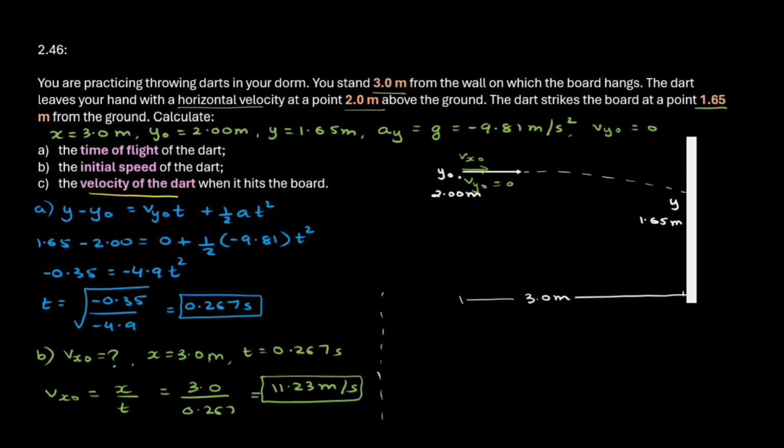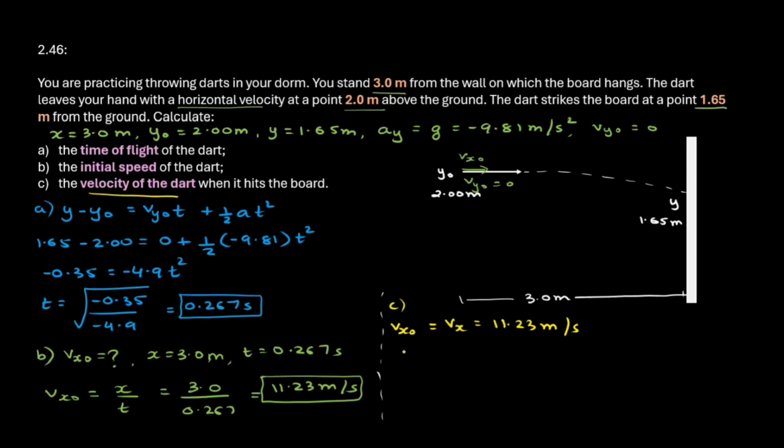It does not change throughout the motion because there is no acceleration along the x-axis. So whatever initial x velocity we had, vx0, will be the same as my final x velocity, that is equal to 11.23 meter per second. So the x component of velocity for the dart when it hits the board is 11.23 meter per second, which is the same as its initial x velocity.